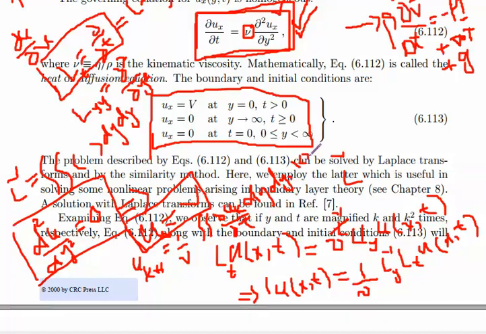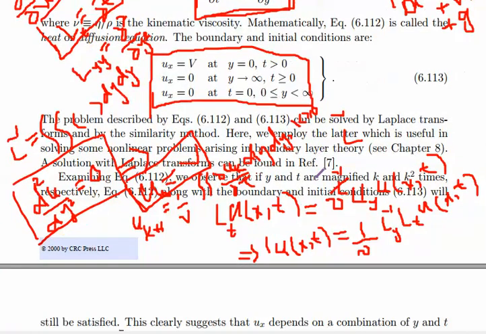So this is exactly the recursive form of the above partial differential equation.